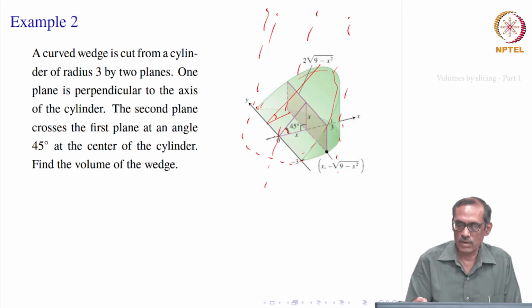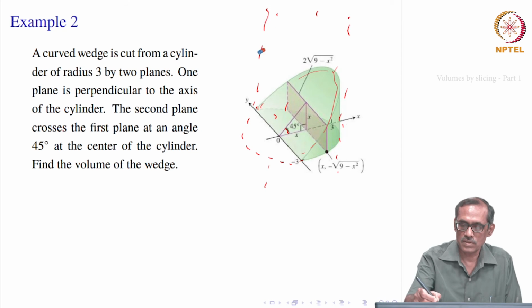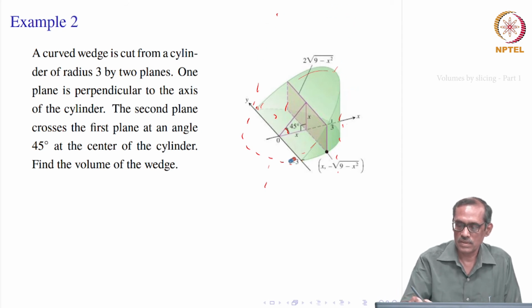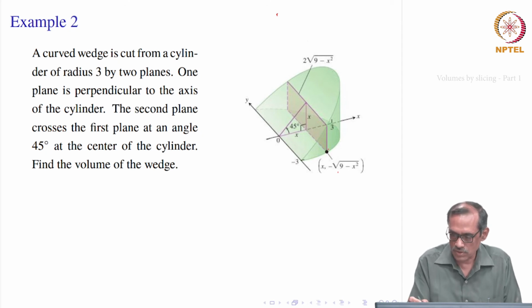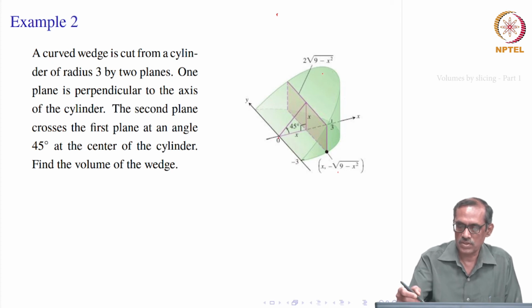Okay. So, now the question is, how do we compute? Let us erase these things, so that this will be clearer. Now the picture of the wedge looks like this with our choice of the planes. We have the base and x axis there. This radius is 3 and the other plane is making 45 degrees with this plane.